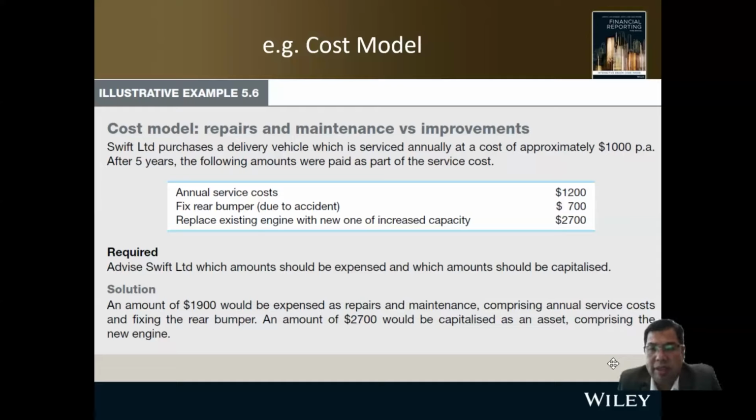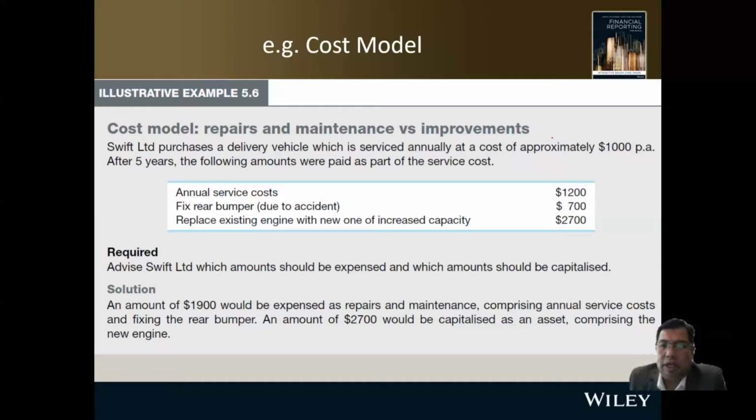In year 6, we need to pay an annual service cost of 1,200. And then we need to fix the rear bumper due to an accident. That costs us 700. And we need to change the existing engine with a new one of increased capacity. The engine cannot work anymore, so we need to put in a new engine and it will increase the capacity of this vehicle.